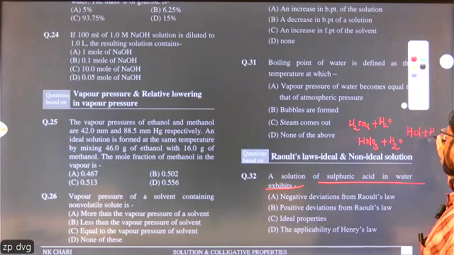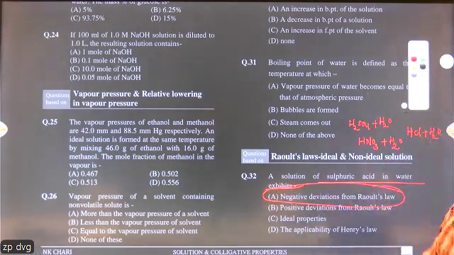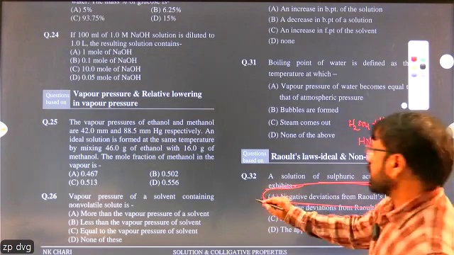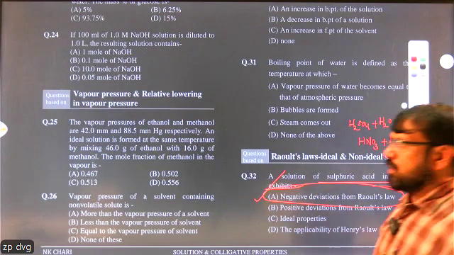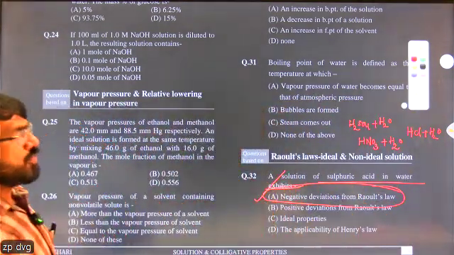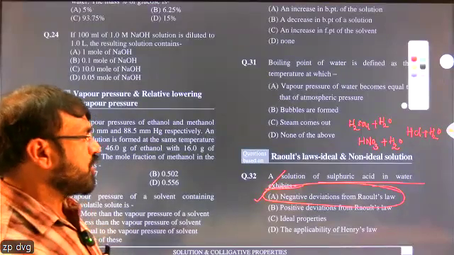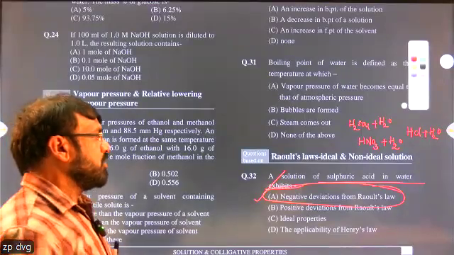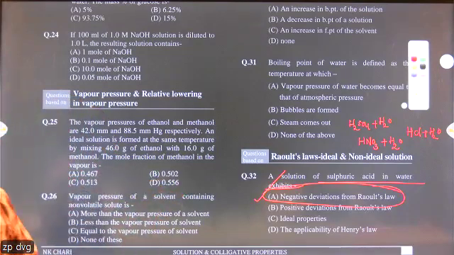They are going to show negative deviation from Raoult's law. Therefore, option A is the correct answer for question 32.